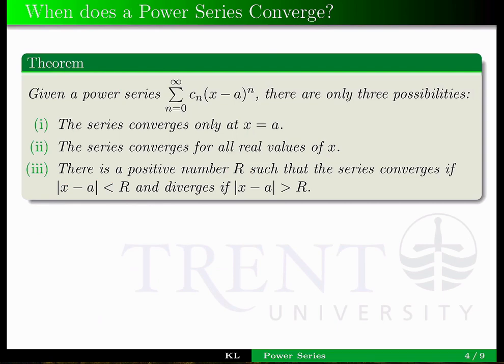So again, we are given a power series. Then there will be only three possibilities. The series converges only at x equals a, the series converges for all real numbers x, or the series converges inside an interval and diverges outside that interval.